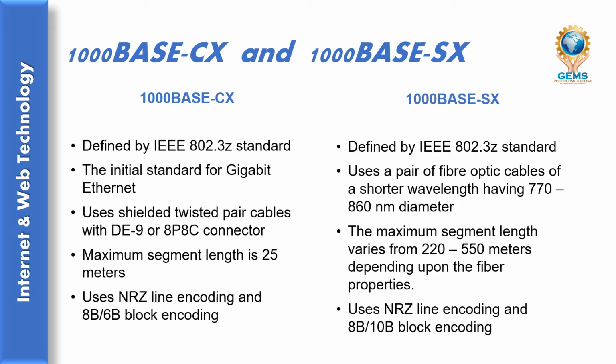The 1000BASE-CX uses shielded twisted pair cables with a DB9 or 8P8C connector. The 1000BASE-CX maximum segment length is 25 meters, and it uses NRZ line encoding and 8B/6B block encoding. At the same time, for 1000BASE-SX the maximum segment length varies from 220 to 550 meters depending upon the fiber properties. It uses NRZ line encoding and 8B/10B block encoding.